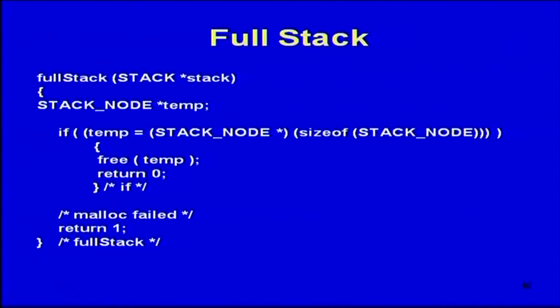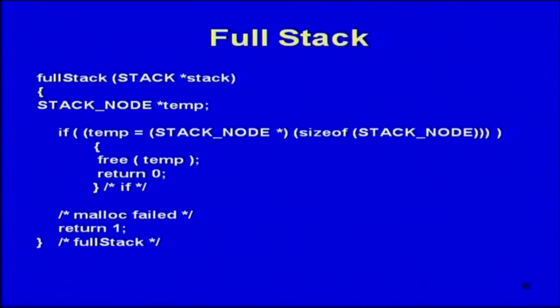You can also check for full stack. Now, this is assuming that you have decided that only so many nodes are going to be given for the stack. If you have a stack full condition, then the malloc has failed. If the malloc has failed, it means there is no temporary node to be given for the operation, in which case you return 1.